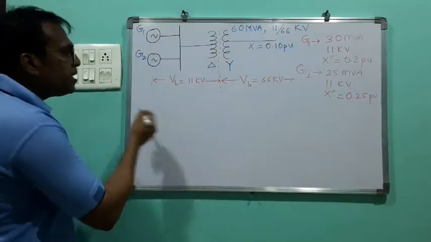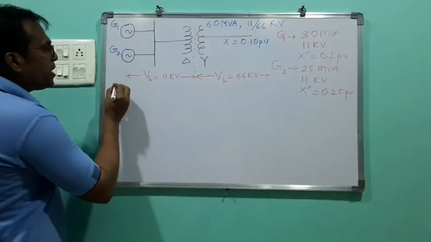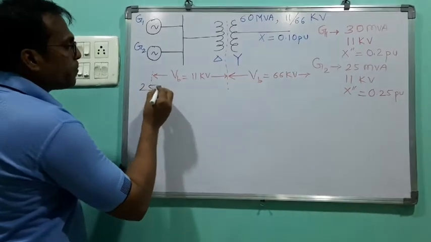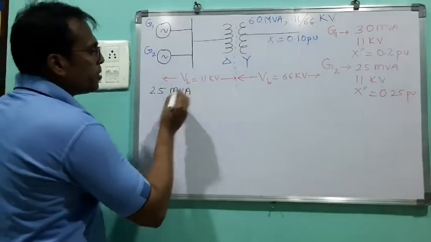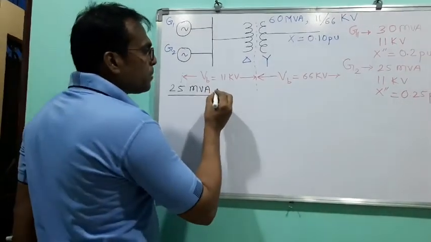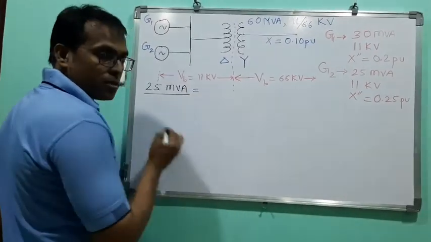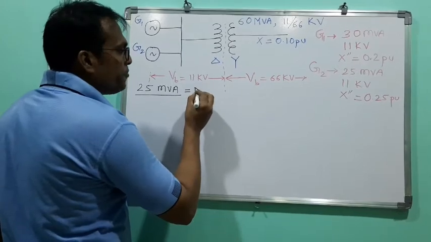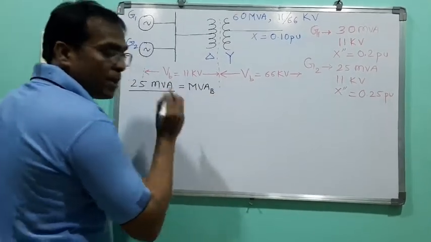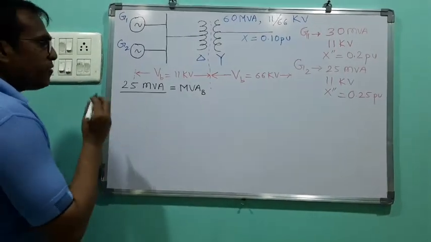You have to calculate the reactance for 25 MVA. This is nothing but your new base. This is called the new base. So the MVA base, the new base, is nothing but 25 MVA.